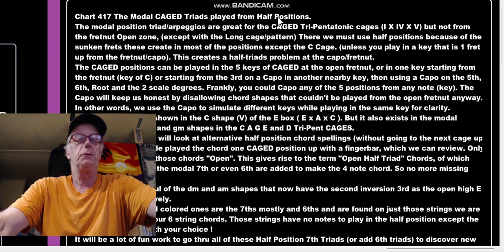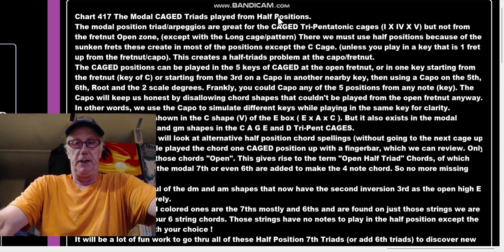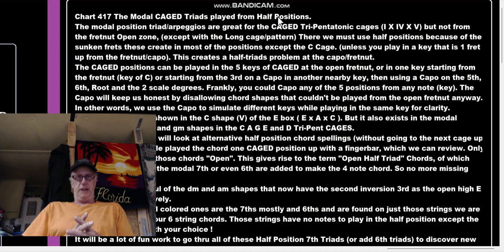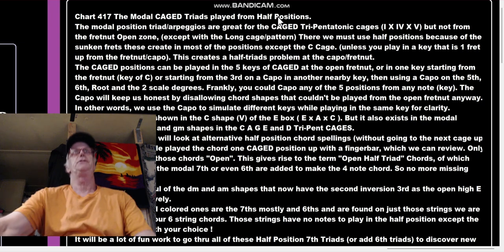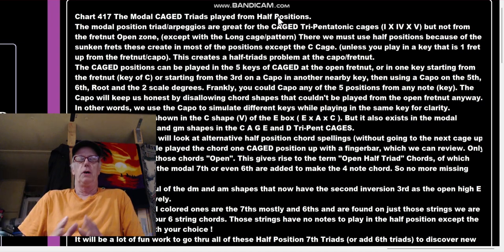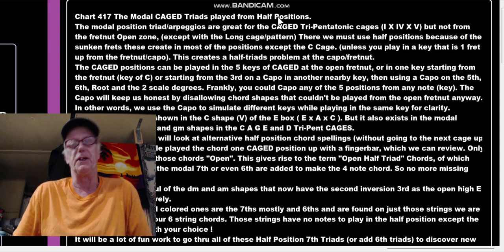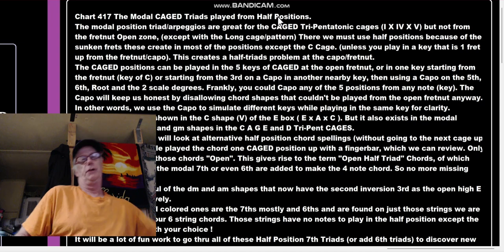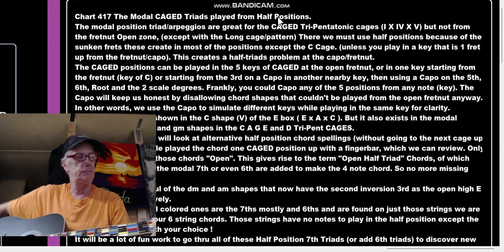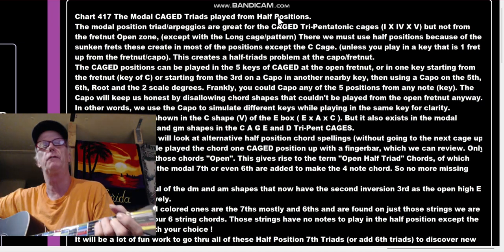They're exactly what they are, except it's important to understand that when we have a position, we're pretty much looking at the half of it that's to the right. So when we're playing, say, 1, 4, 5.